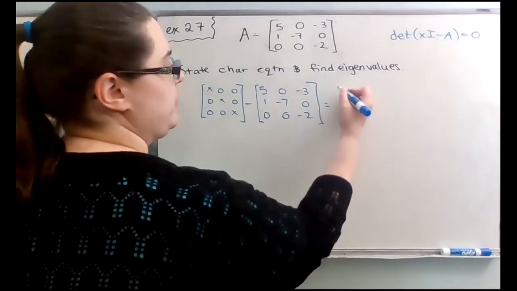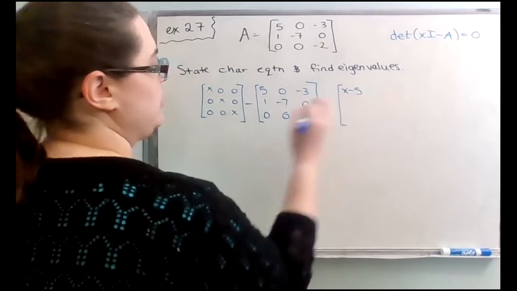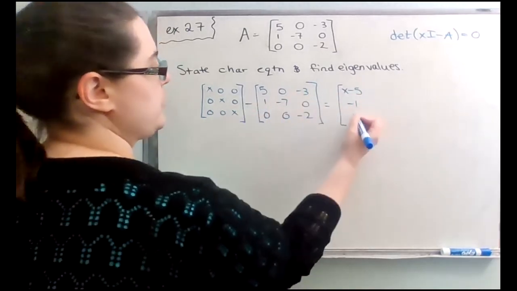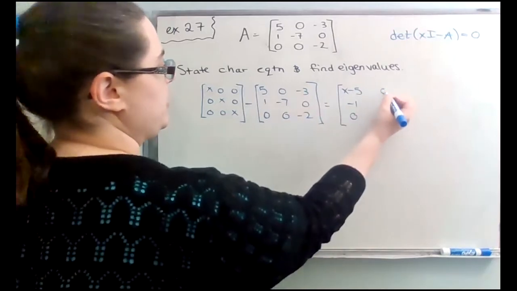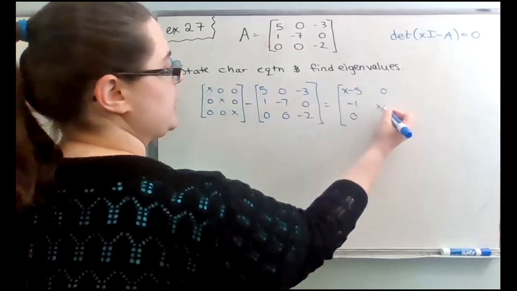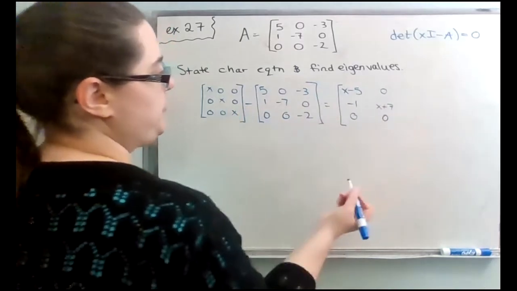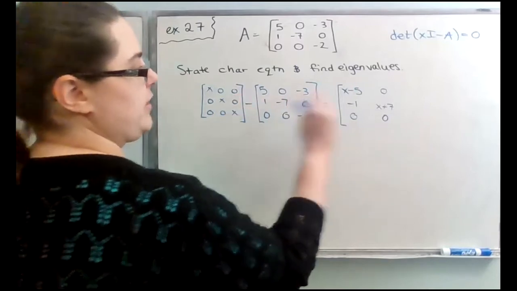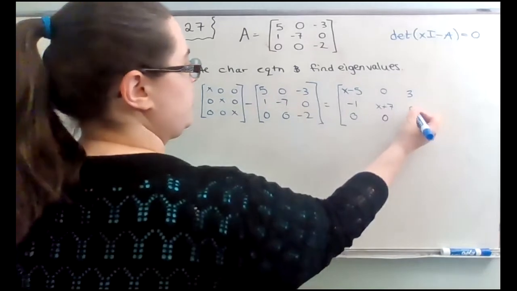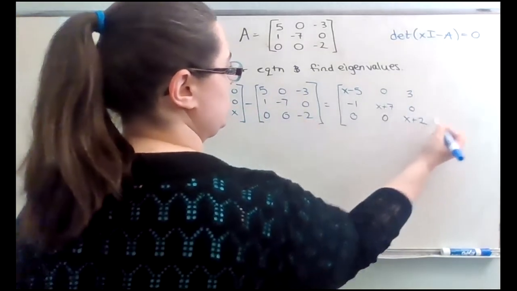So this is going to give us x minus 5. 0 minus 1 is a negative 1. 0 minus 0 is 0, and we get a 0 here. x minus negative 7 is going to become x plus 7. And 0 minus 0 is 0. 0 minus negative 3 is positive 3. 0 minus 0 is 0. And then x minus negative 2 becomes x plus 2.